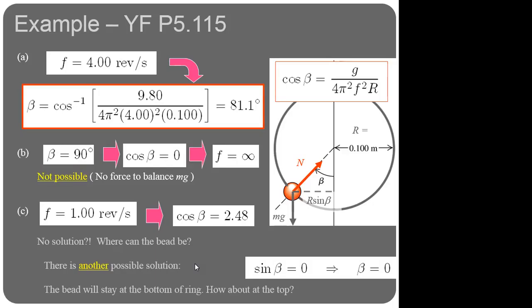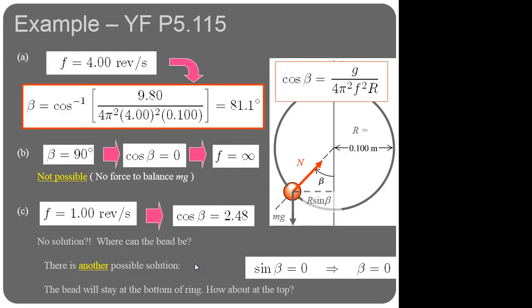So there actually is a minimum frequency to spin such as to bring the bead up. So when you go back today and you try to spin your baby brother's or sister's toy and it doesn't come out, it's not because the physics is wrong, it's because maybe you're not spinning fast enough. Or that the physics doesn't apply to the toy that you're spinning, because friction is actually quite a big component in real life.